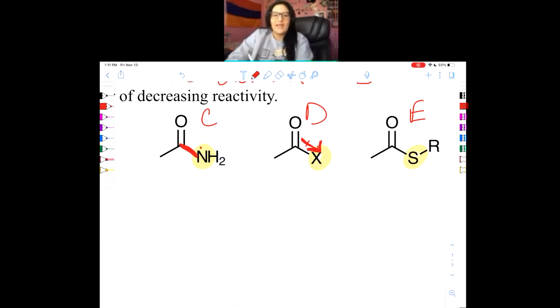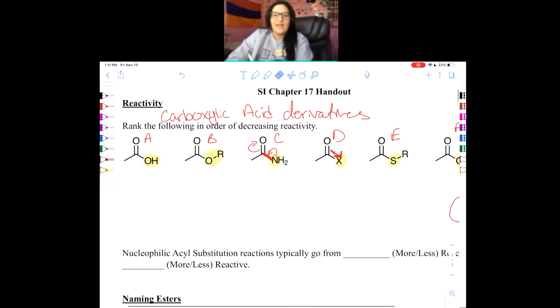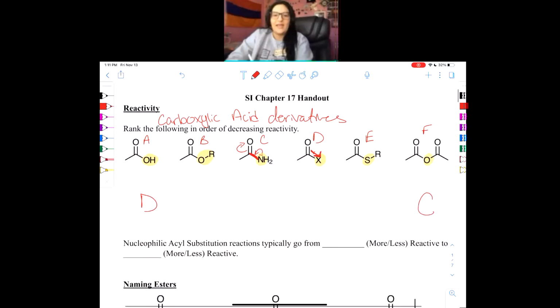So our nitrogen and our oxygen will donate electrons through resonance. Our halogen is not going to do that. It's just going to pull the density away from the carbonyl. So D is the most reactive. C is the least reactive. And now we're going to go through and fill in the spots in between.